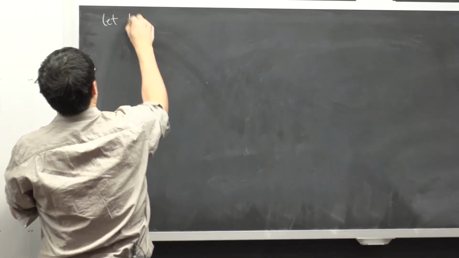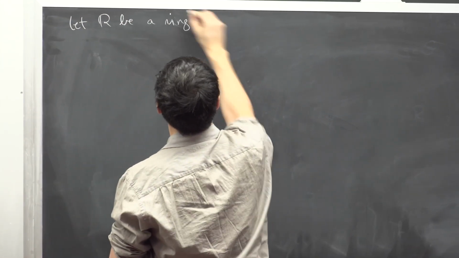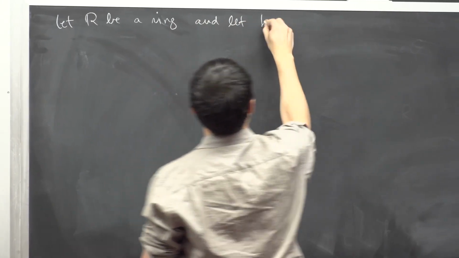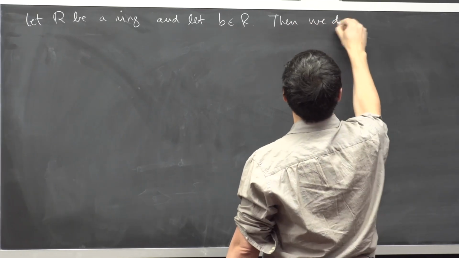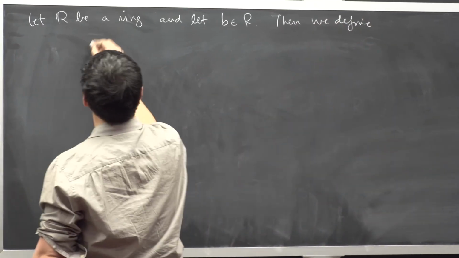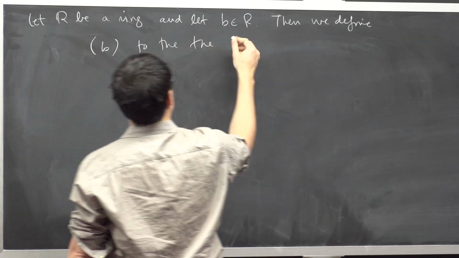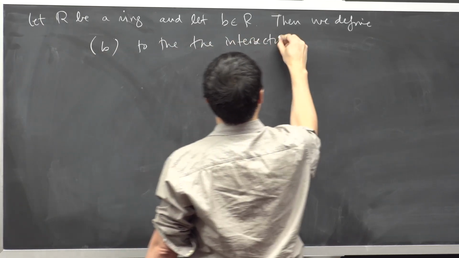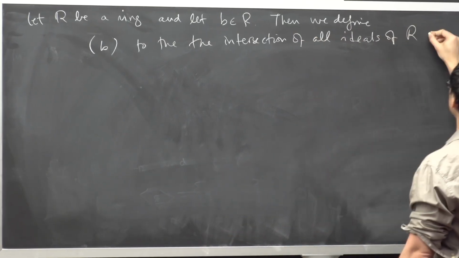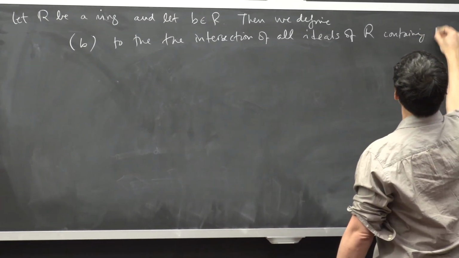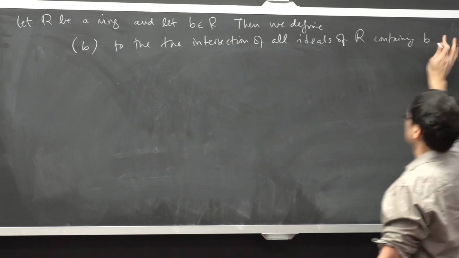So let R be a ring, just any old ring, and let B be an element of R. Then we define (B) to be the following: the intersection of all ideals of R containing B.